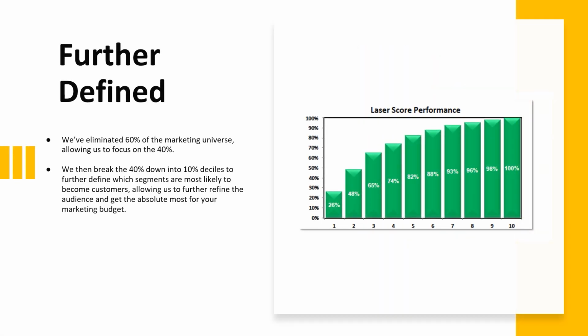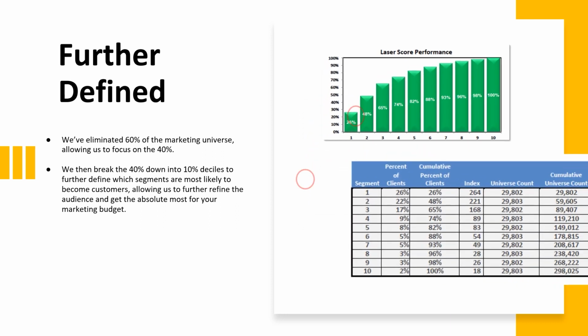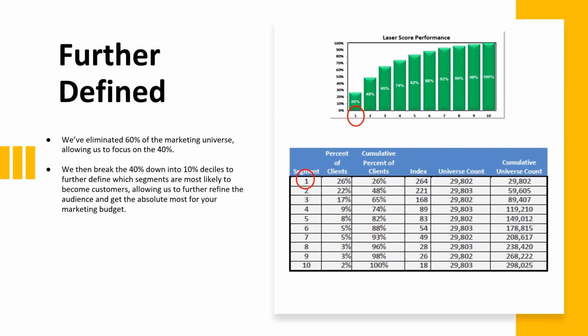Now that we've eliminated the 450,000 households that are least likely to become a customer, we then further refine our remaining target audience by ranking the index scores of those with the highest probability of converting. In this chart, we can see that 26% of our prospects, or 30,000 households, have an average index score of 264.